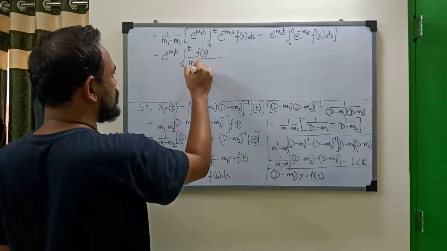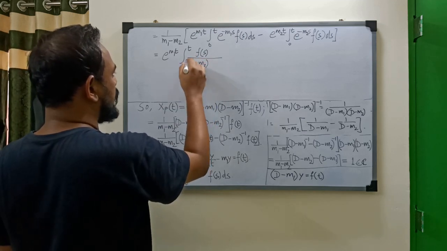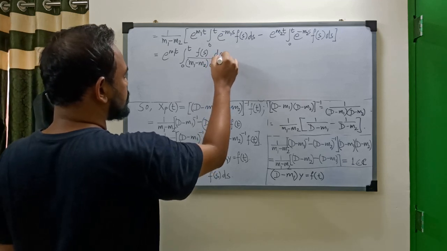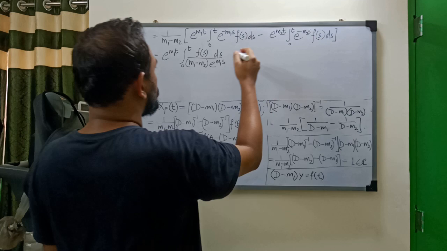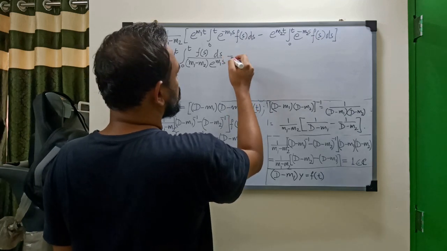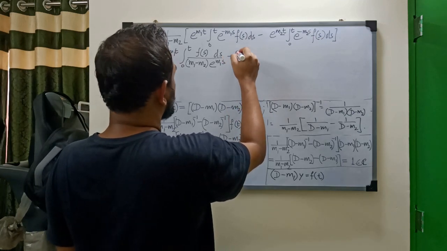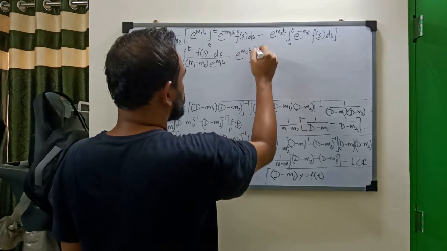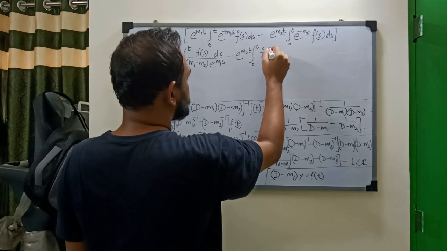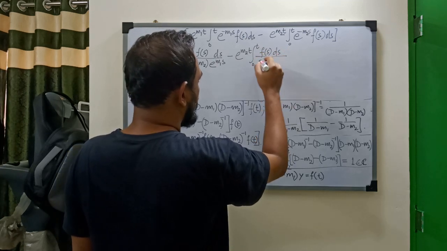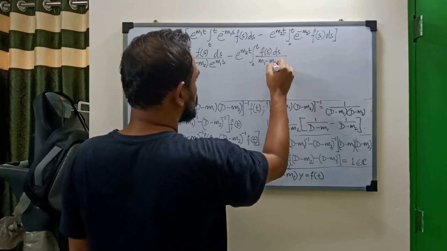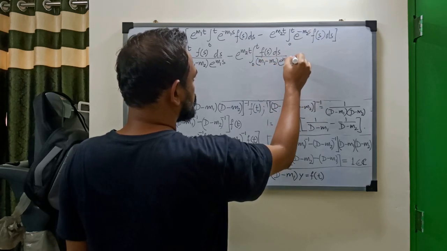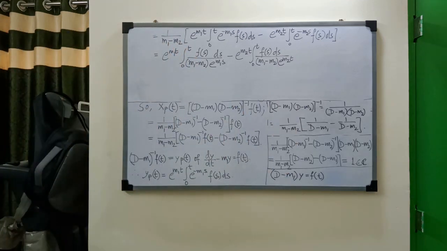So I'm going to have m1 minus m2 times e to the power m1s ds. And from this one I'm going to have minus e to the power m2t, integration from 0 to t, f(s) ds, m1 minus m2 times, I'm going to bring that down to e to the m2s.